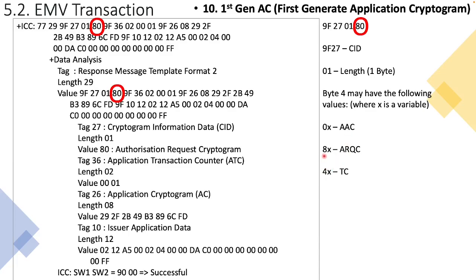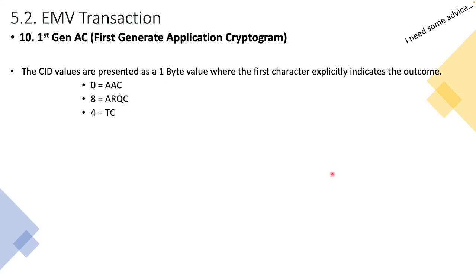If the first character starts with an 8, then we know that the card has opted to send the transaction online, and it's going to generate an ARQC cryptogram. And if the first character starts with a 4, it means that the card has decided to approve the transaction. The X's are variable, which could indicate different conditions, which we'll touch on briefly just now.